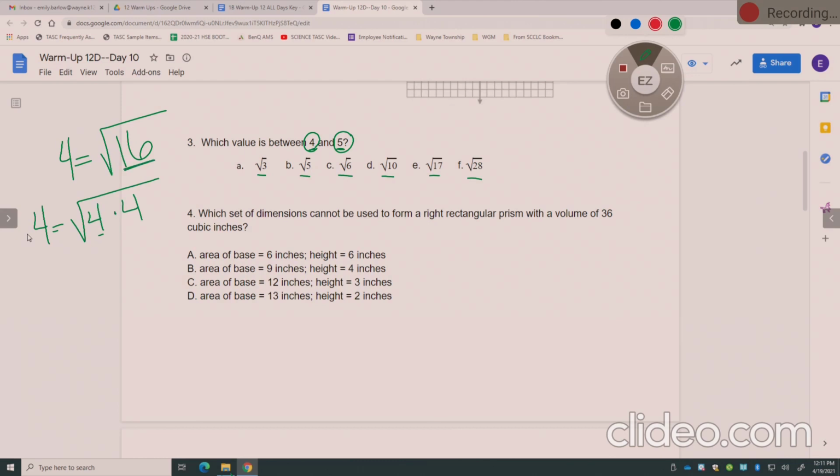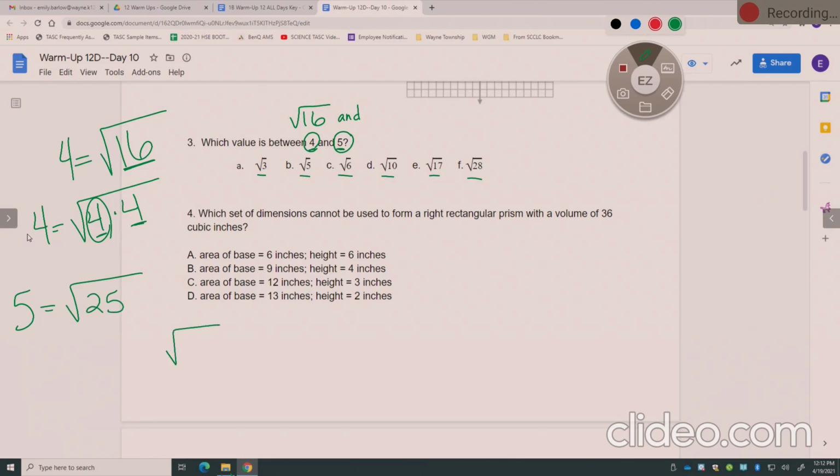And then once we've got a 4 and a 4, that tells us the answer is 4. 4 times 4 is 16. So instead of 4, we could say which value is between the square root of 16 and 5 is equal to the square root of 25.